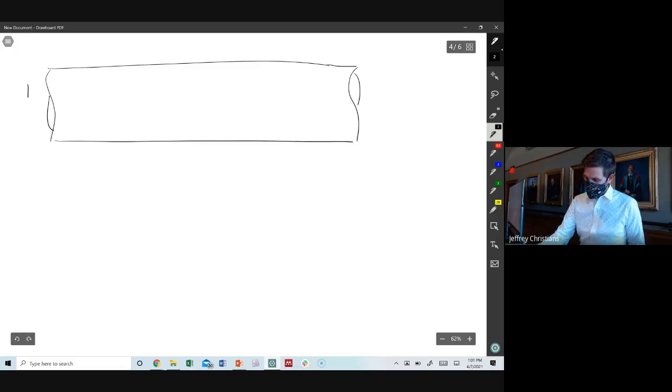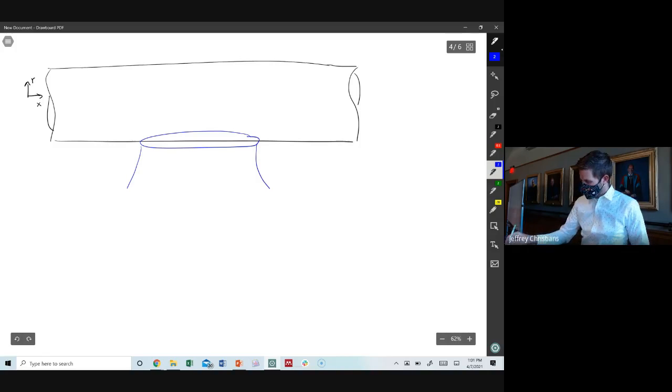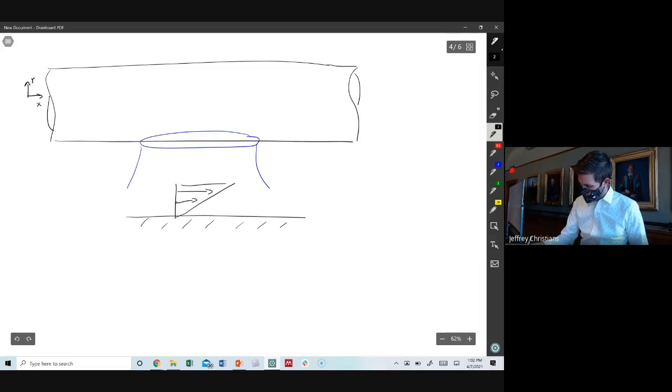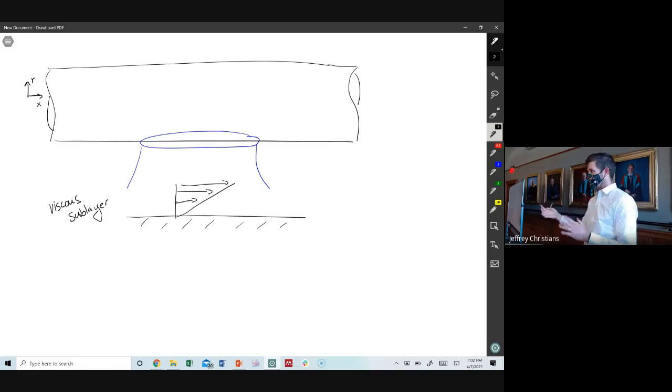And let's say that's R and X. We said if we looked really close to the surface, to the outer surface, what things looked like was what we called a viscous sublayer. So we have this thin layer right near the wall where viscosity wins.